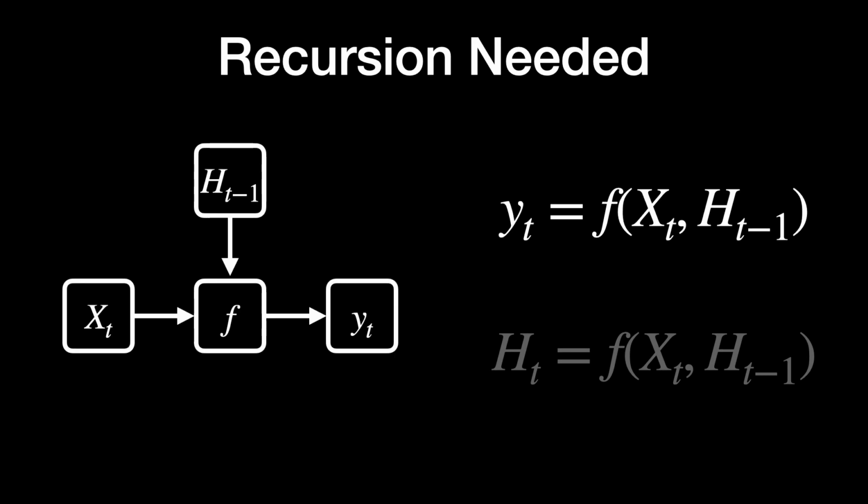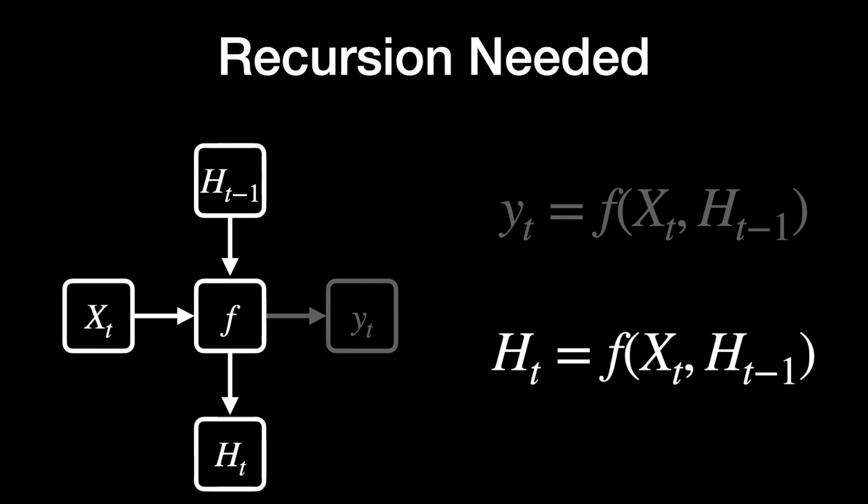Well, you can take a computational diagram and draw out what the first equation would look like, having H of t and X of t produce Y of t, and then you could take the second equation, superimpose that, and say H of t, X of t should produce the next H of t. So there we go. We have an equation, but it's sort of recursive, right?